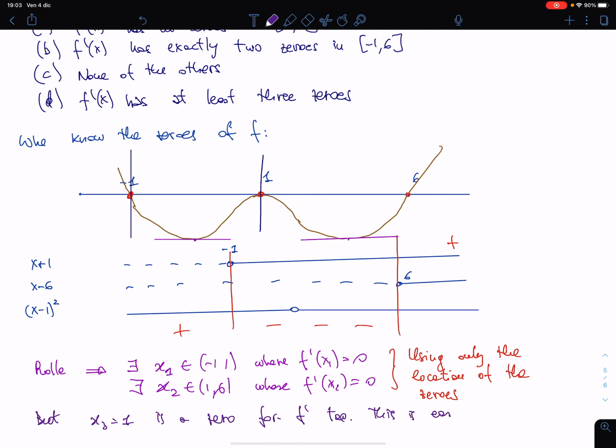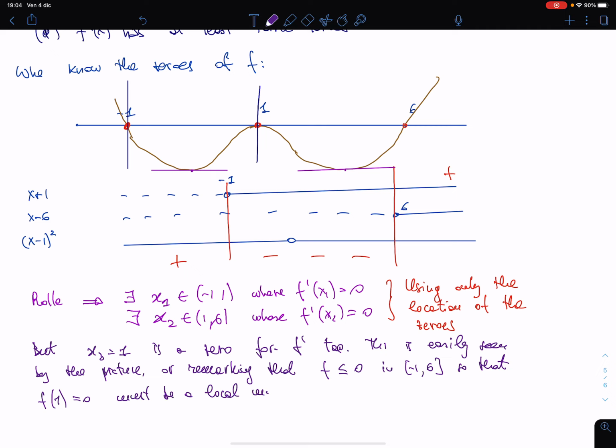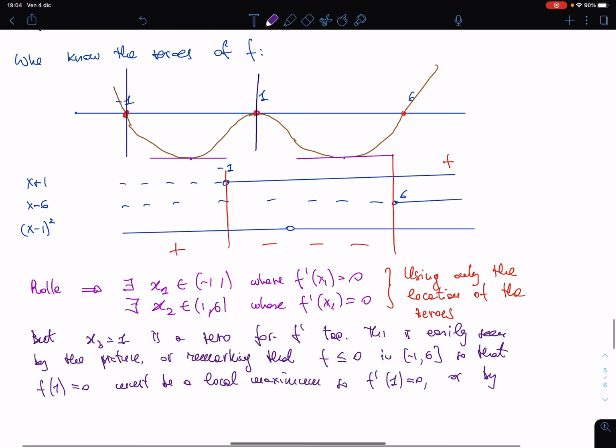So you have many possibilities by the picture, or noting that f is non-positive in minus 1, 6, so that f of 1 equal to 0 must be a local maximum, and since it is differentiable, by Fermat, you have f prime of 1 is equal to 0, or by direct computation.